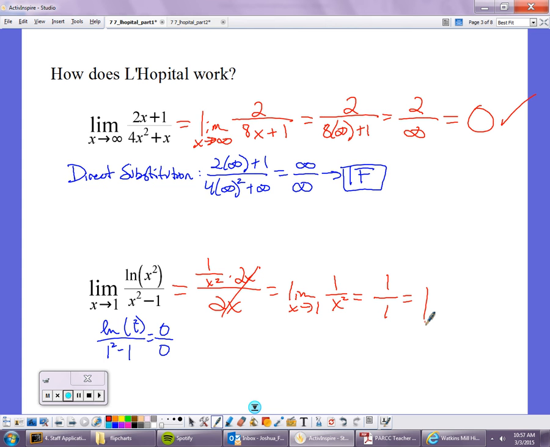No problem. So in both of these cases, you see I start out and get some sort of indeterminate form. I can't deal with it with what I'm given, but using L'Hopital's rule, I basically take everything down one level. I take the derivative, differentiate both the numerator and the denominator, and I'll end up with something that's easier to deal with.